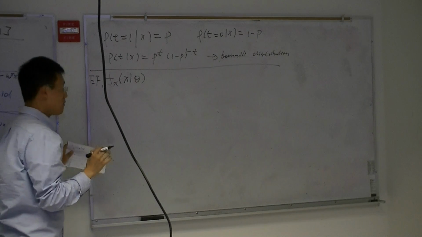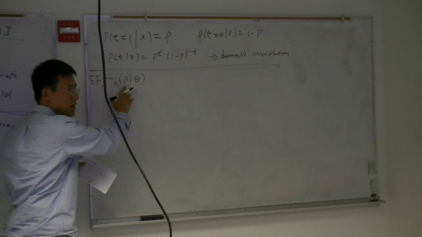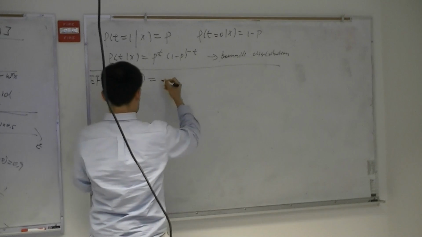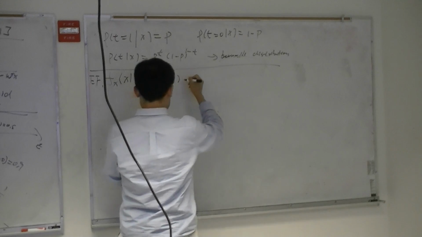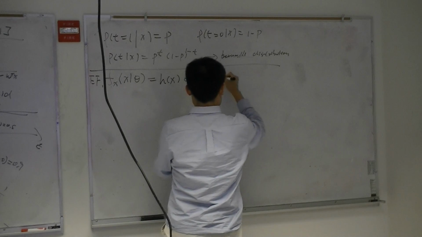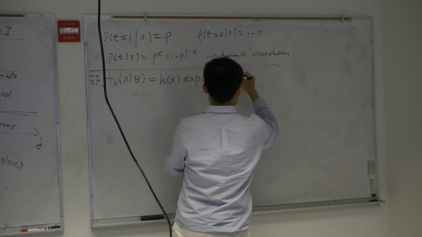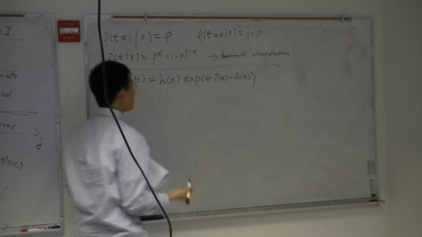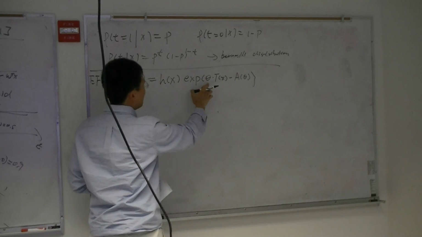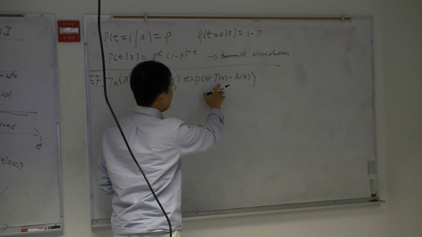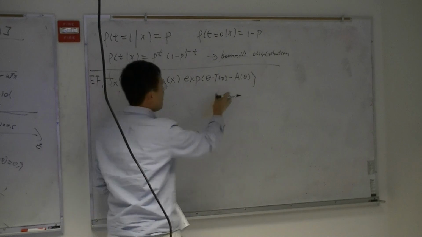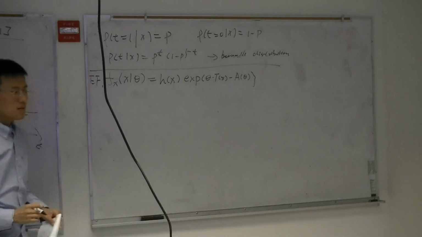So in the exponential family, we have a variable x and some parameter theta, and it can be expressed something like this. So this is a function of x. This is some parameter theta, and this is a sufficient statistic.